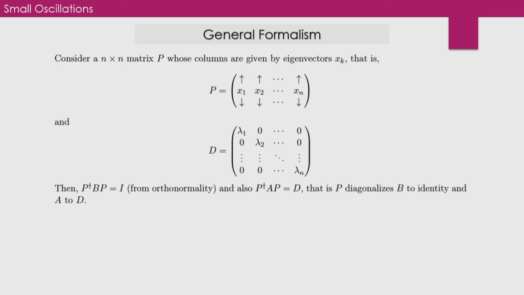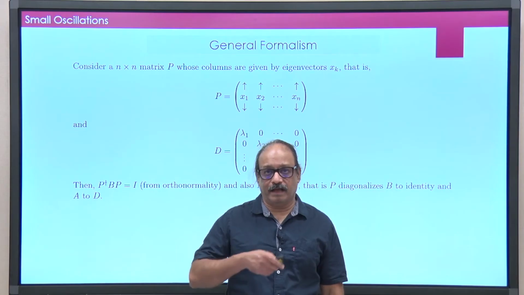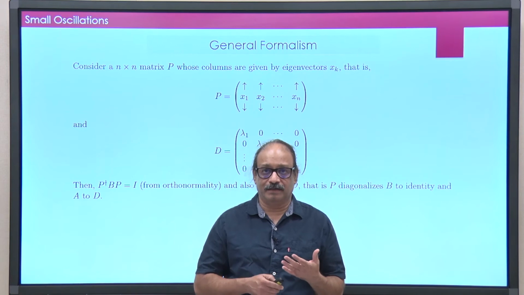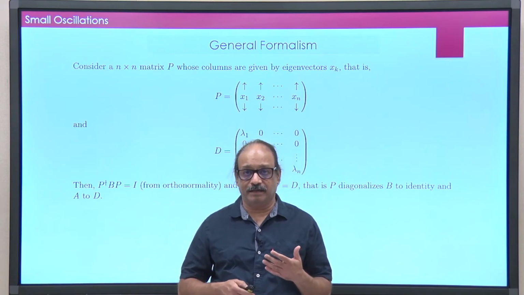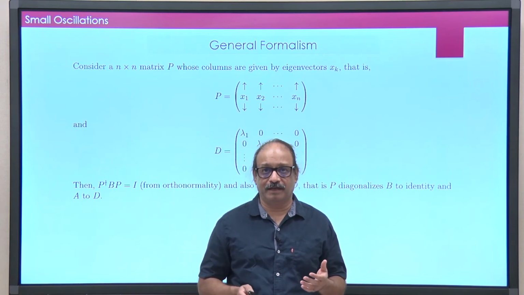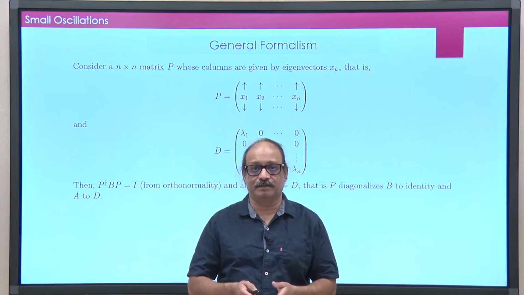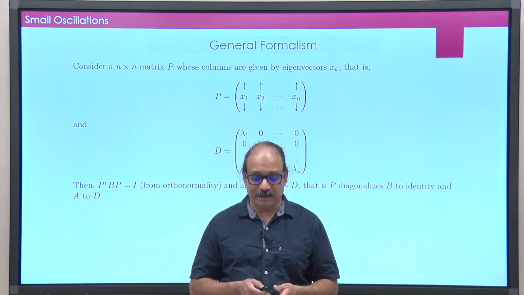So, now having described all this, I will just write down the steps that we should take to solve it. The problem of small oscillations boils down to a procedure. You just go through the procedure and you get the solutions. There are no tricks involved here.